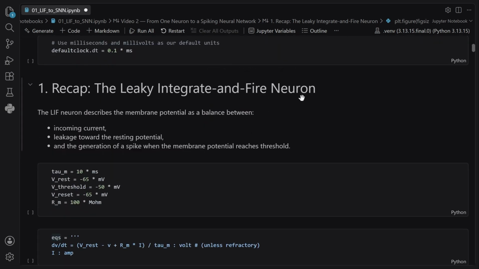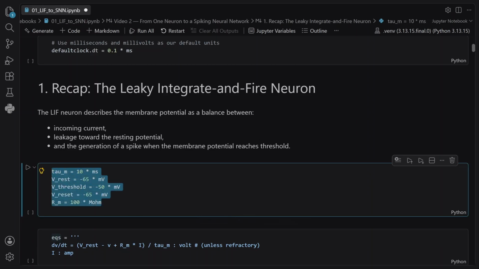We defined a leaky integrate and fire neuron. We factored in three important things: incoming current, leakage toward the resting potential, and generation of a spike when membrane potential reaches threshold. These were some parameters we defined: time constant, resting potential, threshold, what happens after we cross the threshold, and resistance.